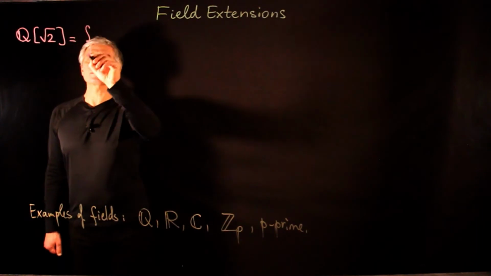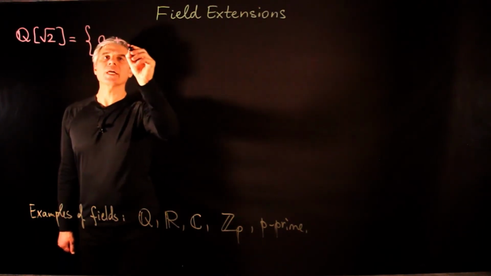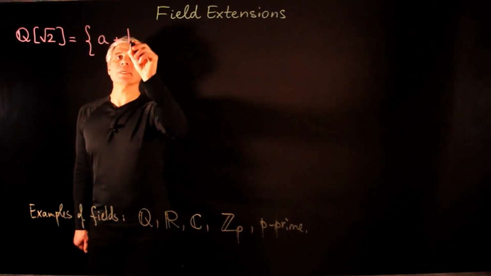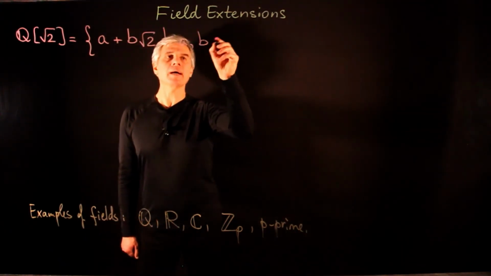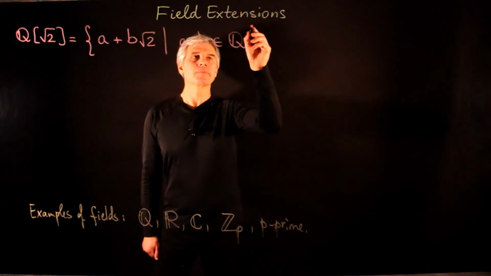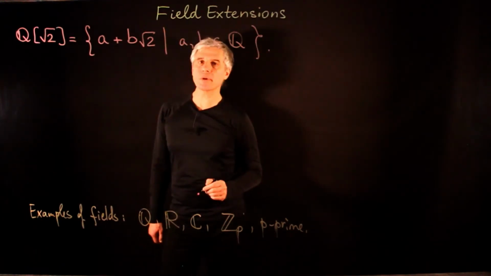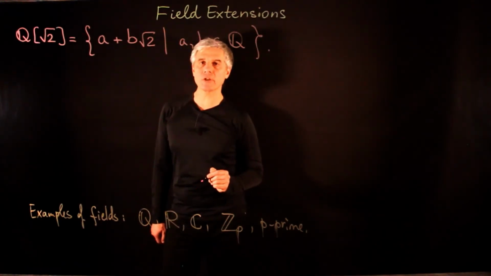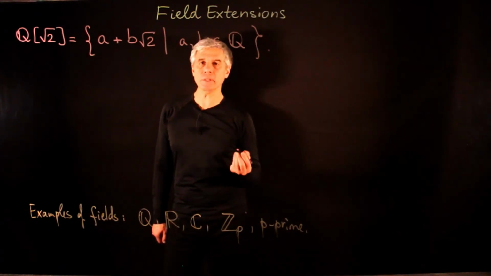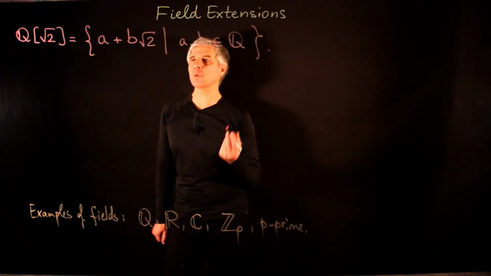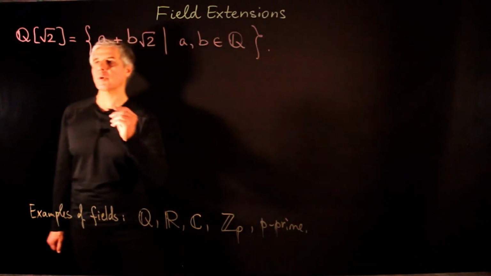This is the set a plus b times square root of 2, where a and b are rational numbers. There are obvious operations of addition and multiplication on this set, but it turns out that this set is actually a field because here we can do inverses of non-zero elements.